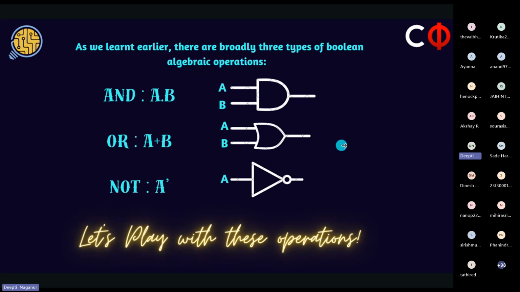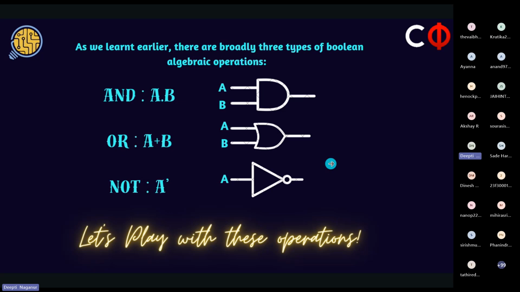Why does this not operation exist? Because again we have two factors in the binary system, that is 0 and 1. So something which is not 0 will obviously be 1, and something which is not 1 will be 0. So this is the not operation, and these are called gates. These operations are represented through these diagrams.